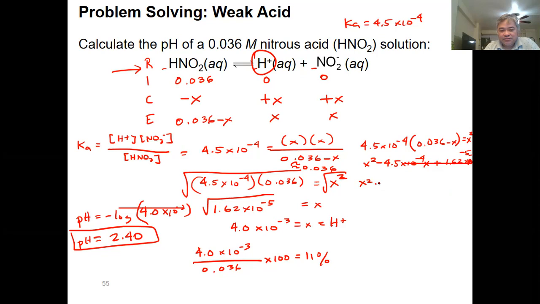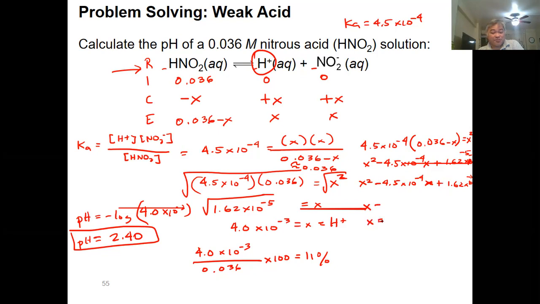So x squared minus 4.5 times 10 to the negative 4 x plus 1.62 times 10 to the negative 5. And then you use the quadratic formula to find x.